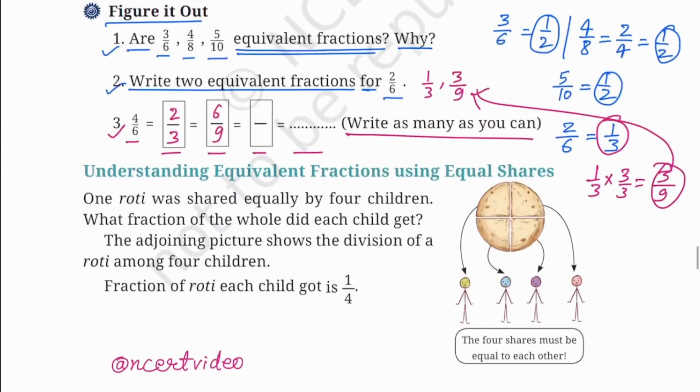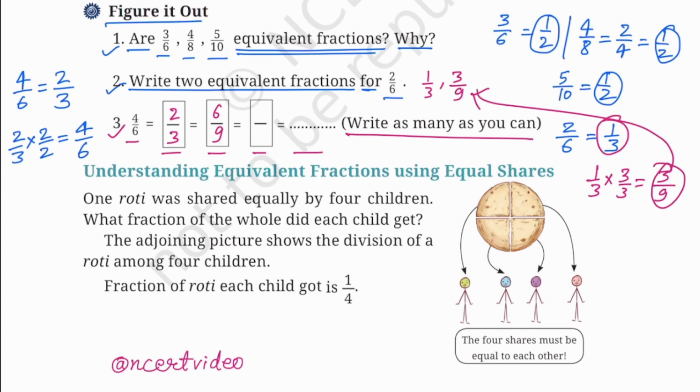For finding that, you have to divide or multiply the numerator and denominator using the same number. 4 upon 6 after dividing with 2, you will get 2 upon 3. 2 upon 3, if you multiply it by 2 upon 2, you will get 4 upon 6.